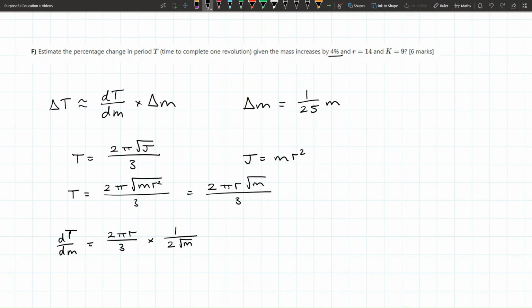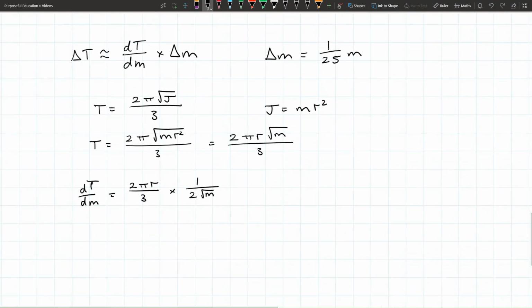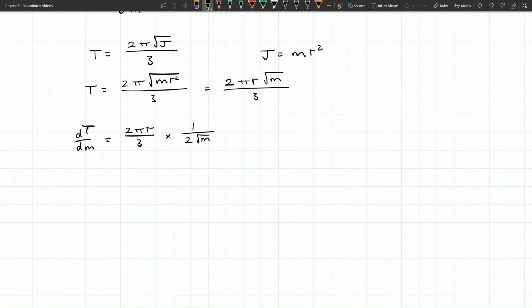And that's done by multiplying out the power, which is a half, and then taking 1 from that, which gives us the exponent of m being negative a half. So therefore, dt on dm is equal to pi r over 3 root m, with those 2's cancelling out.